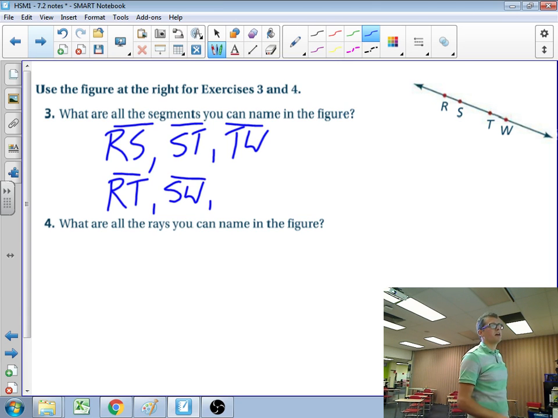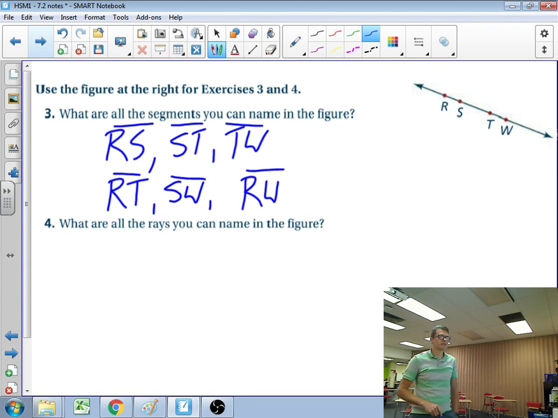Then I get my biggest one, and that would be RW for the entire segment across. So you should end up with 6 segments there, and I believe that I got all of them, unless, of course, you could ask the question, well, what about WT or TS or turning around any of those? You could, of course, turn them around and get different names, but it's the same segment, so it's naming the segments, not changing the name.